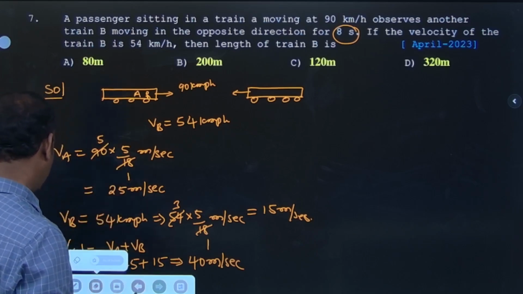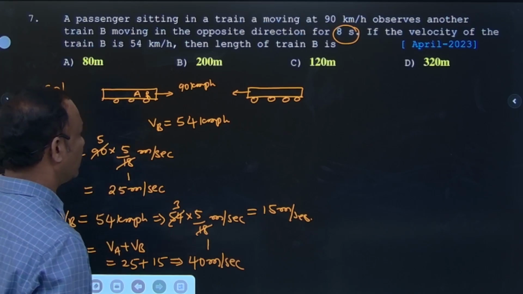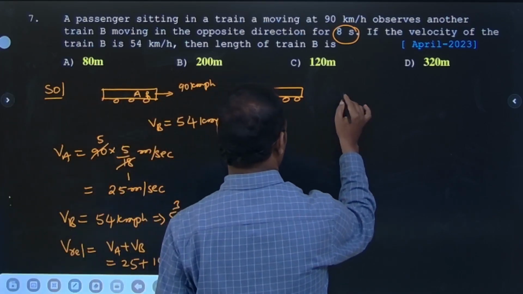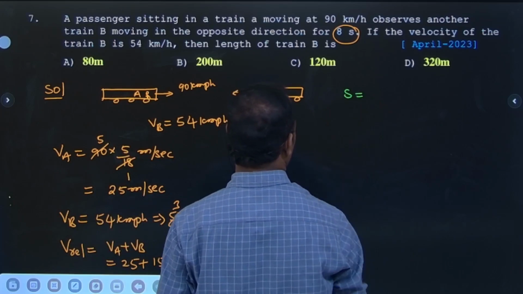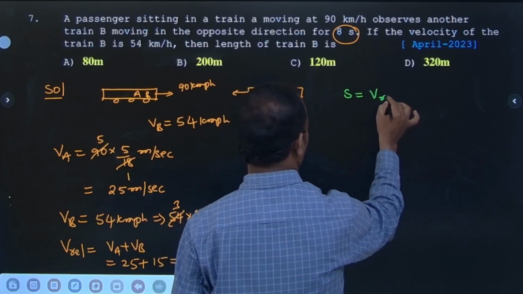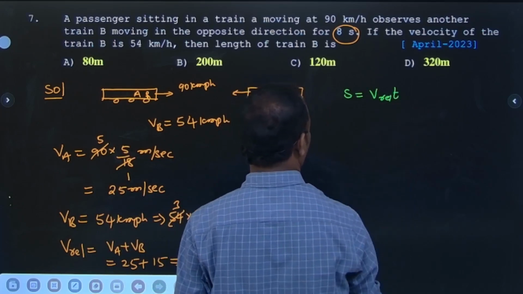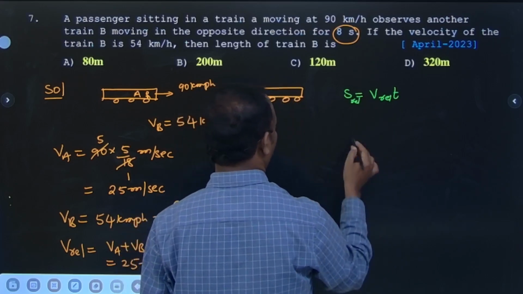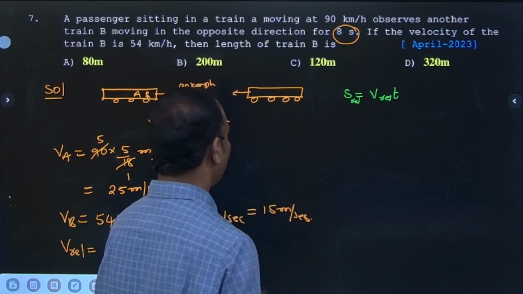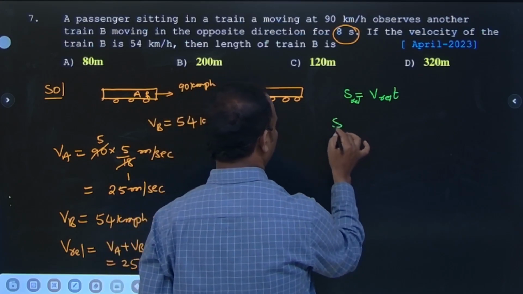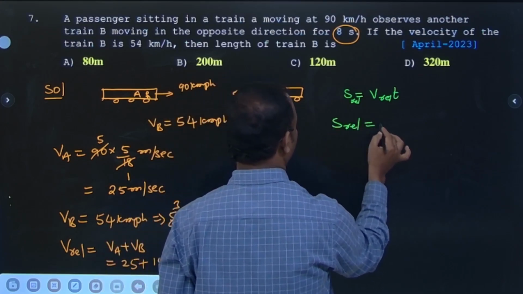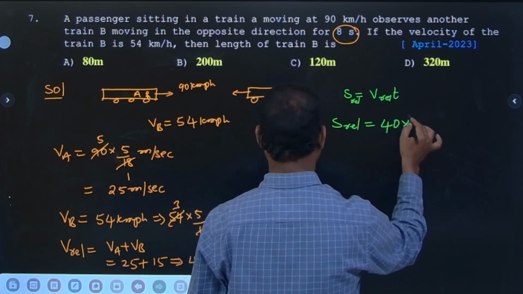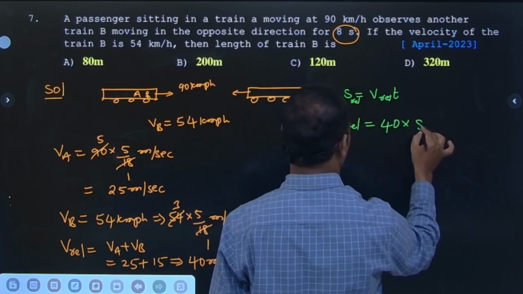So next, I'm talking about the 8 seconds. The distance traveled, S relative, is equal to V relative into T. I'm talking about the length, so S relative is equal to V relative, which is 40, and the time is 8 seconds.